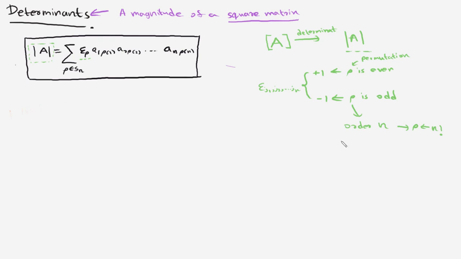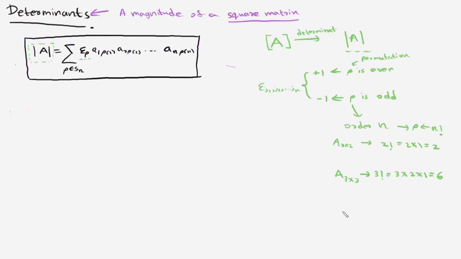So for example, let's suppose our matrix is order 2, 2 cross 2. So there will be 2 permutations, which is 2 cross 1. And if I take a 3 cross 3 matrix, there will be 3 times 2 times 1, which is 6. Total 6 permutations.